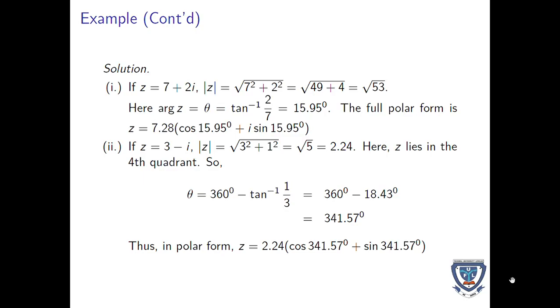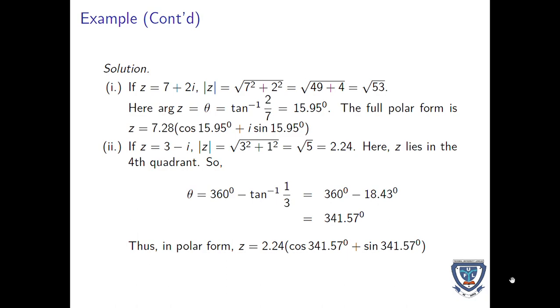Solution to ii. If z is 3 minus i, the modulus is square root of 5. And since z lies in the fourth quadrant, why is it in the fourth quadrant? Because the real part 3 is positive and the imaginary part is negative. So where we have x positive, y negative is the fourth quadrant.